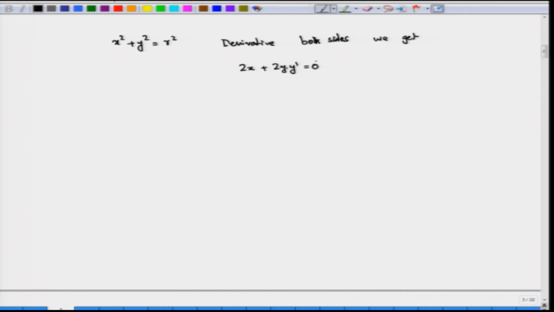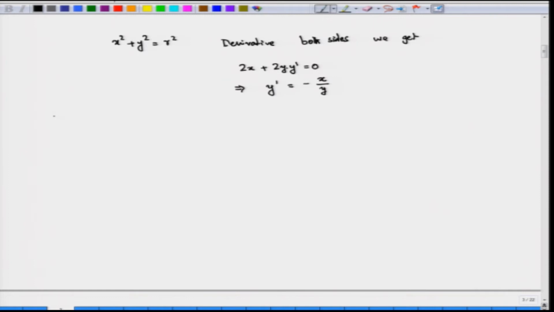This implies that y prime is equal to minus x by y. This is called implicit differentiation. Even when we are given such a relation, without writing y explicitly in terms of x, we can still get the derivative.